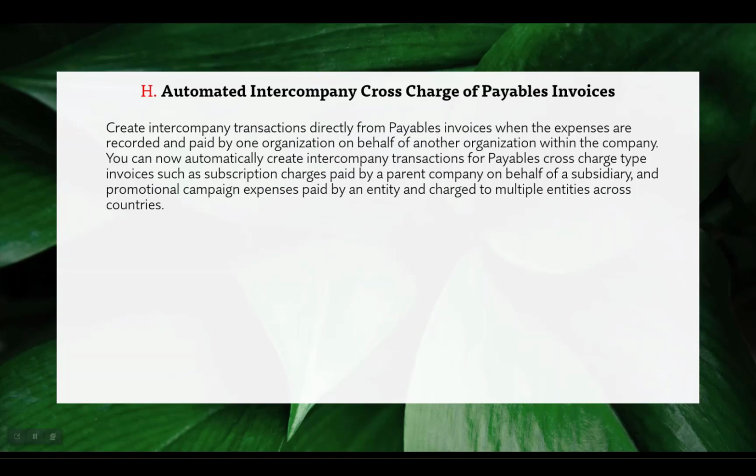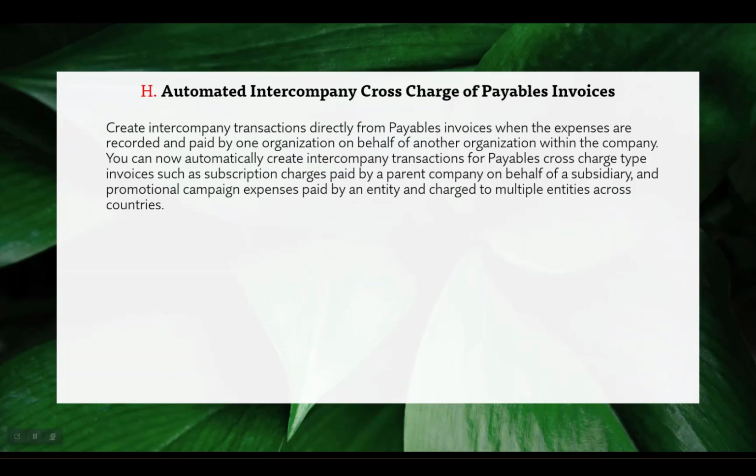If you have multiple organizations within the same company, you can now create intercompany transactions from the payables invoice. Now you can automatically create intercompany transactions for payable cross-charge type invoices, such as subscription charges paid by a parent company on behalf of a subsidiary.